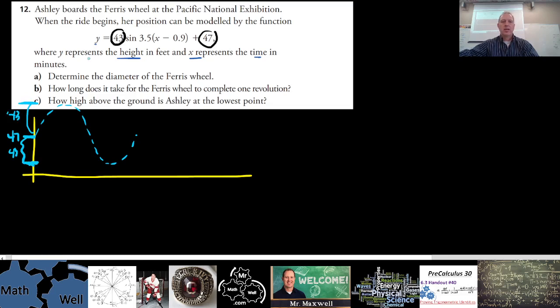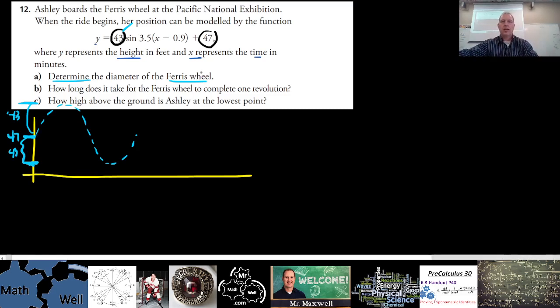So the diameter of the Ferris wheel is going to be 2 times the amplitude, right? Because you go from the middle up to the highest point, then down to the lowest point, and the amplitude is from the middle to the highest point and the middle to the lowest point, so 2 times the amplitude should be the diameter, okay?